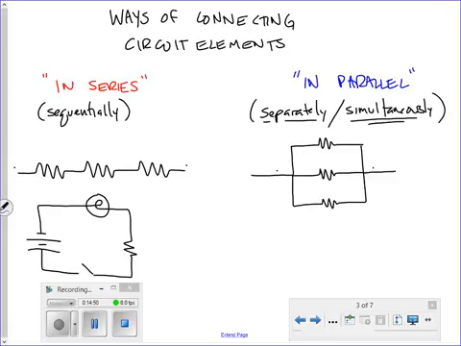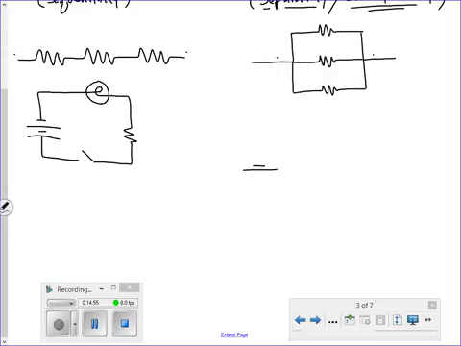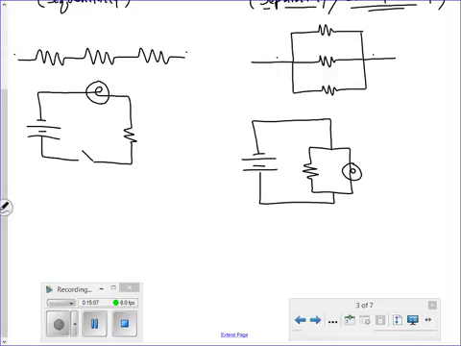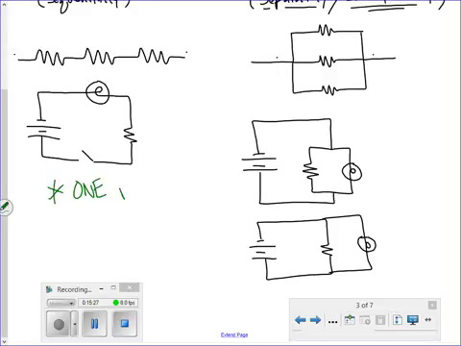But anyway. Here is a circuit with a resistor and a light bulb connected in parallel. Here's another circuit with a resistor and a light bulb connected in parallel. Big deal here: one path.